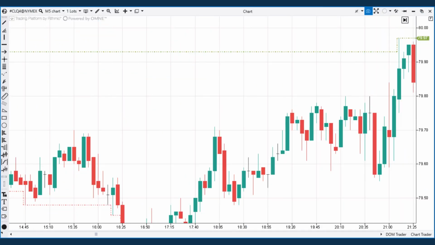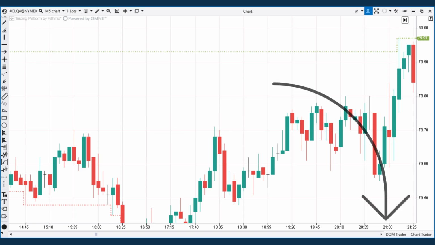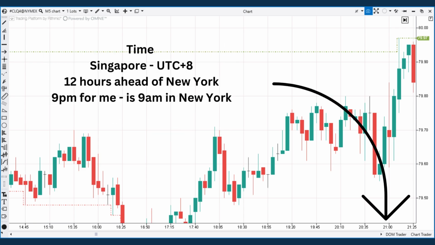You will see here that we are looking at the crude oil 5-minute chart from the 18th of June this year, 2024. And one more thing I want you to understand is here. Now, Singapore is 12 hours ahead of New York. So on my charts, where you see 3 p.m. for me is actually 8 a.m. in London.